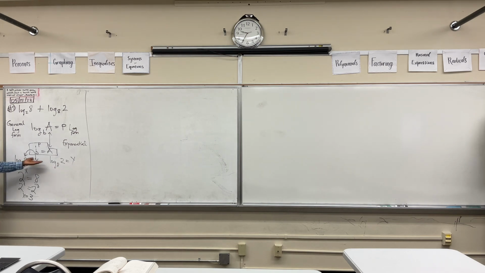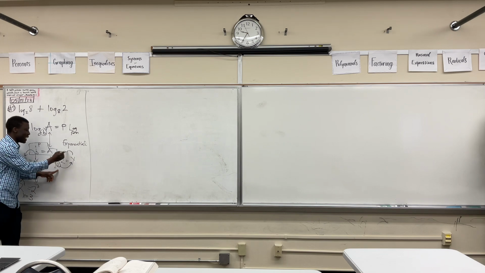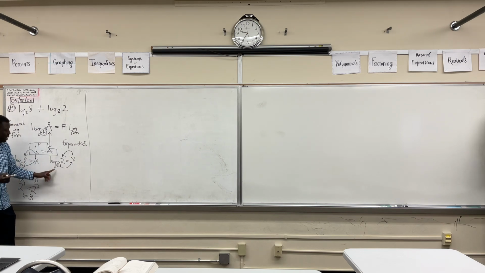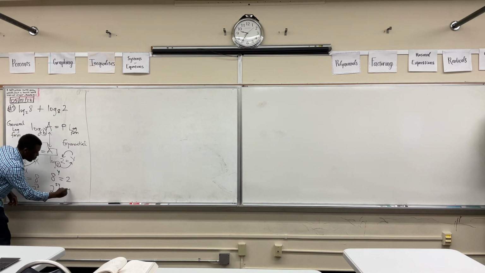We change it from the log form to the exponential form using the general formula over here, which is: take the base, circle it, raise it to the power on the right side, and set it equal to the number on the other side. So this becomes 8 to the power y is equal to 2. This 8 is of course the same thing as 2 cubed, equal to 2.